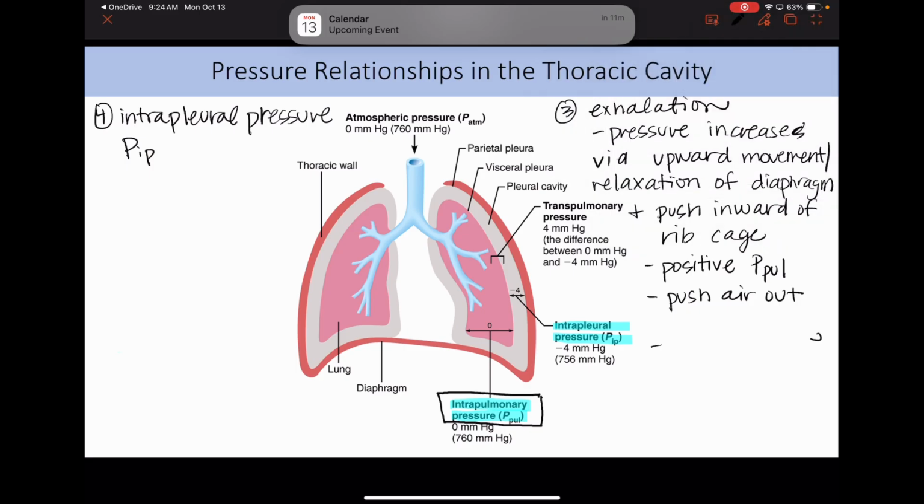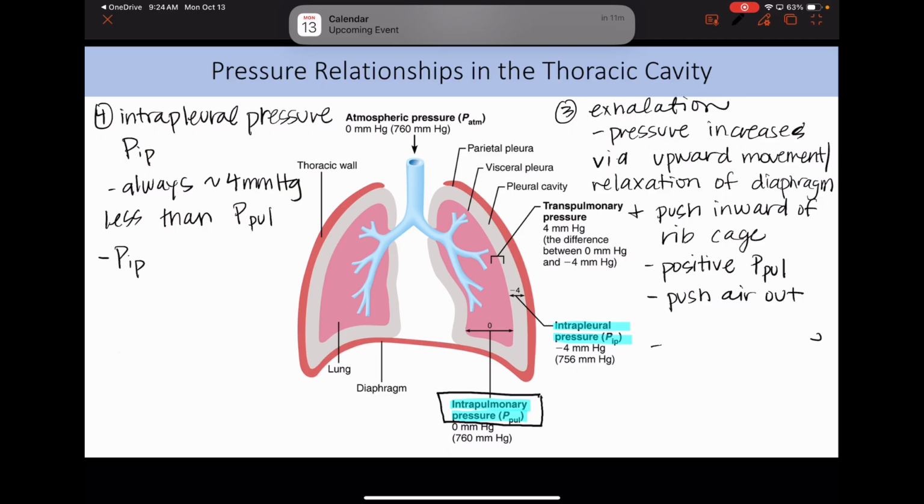Now your intrapleural pressure, or the pressure inside the sac outside the lungs, is always about 4 millimeters of mercury less than your P-pul, or the pressure inside your lungs. So the pressure in your pleural sac or pleural cavity is always slightly lower than the pressure inside your lungs.